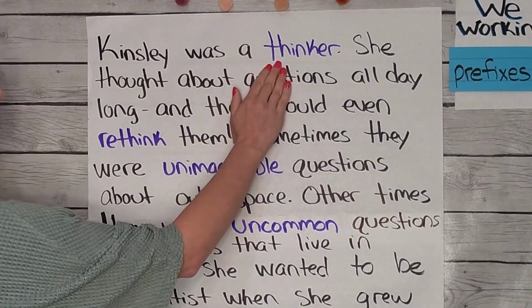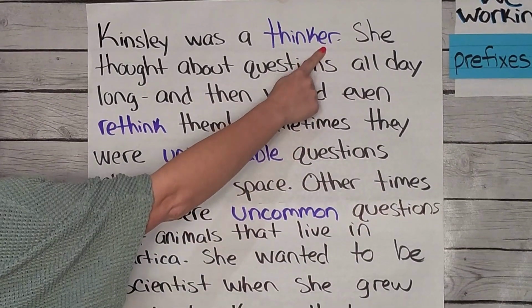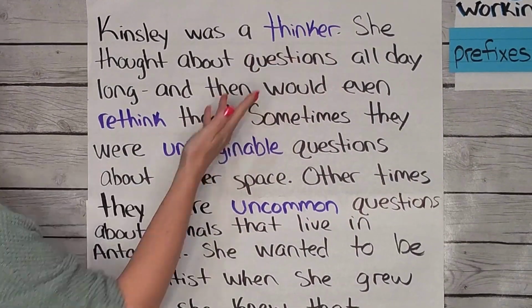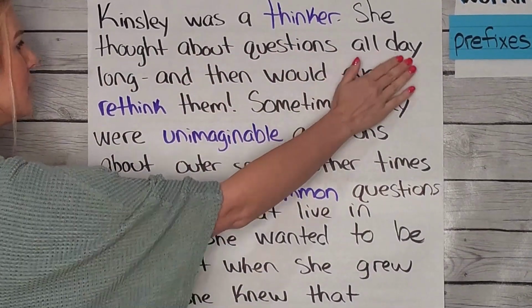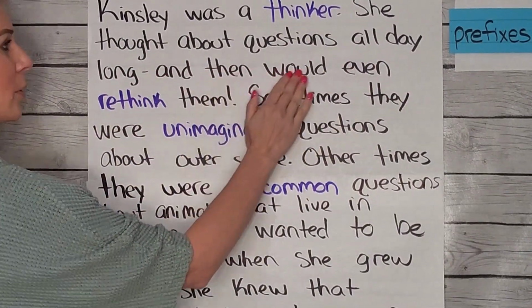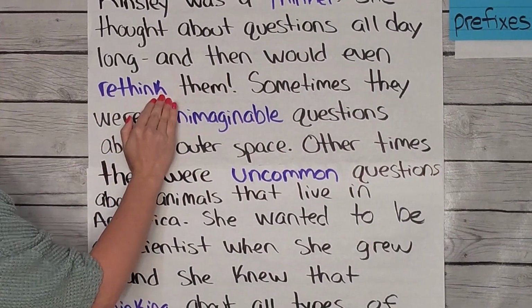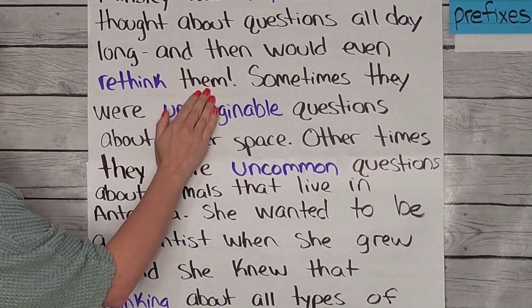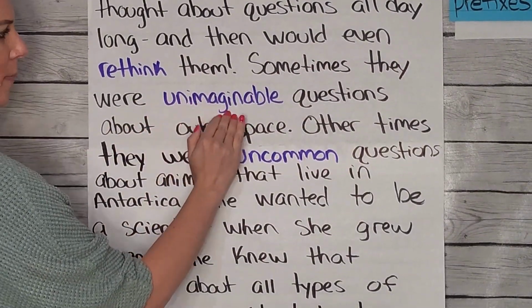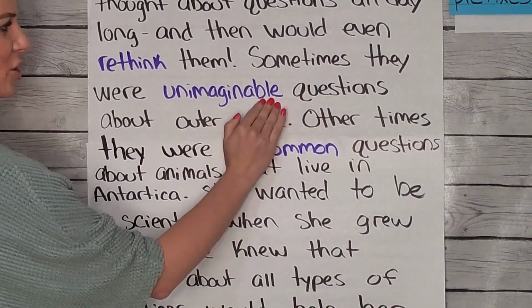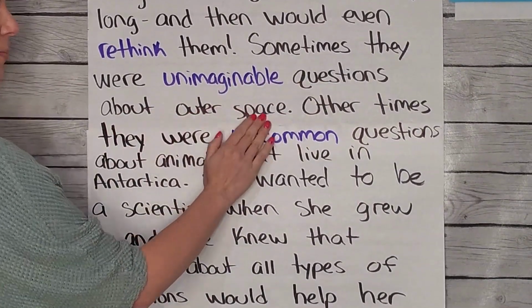Kinsley was a thinker. Thinker. I see my er suffix. That means someone who thinks. She thought about questions all day long and then would even rethink, or think again, them. Sometimes they were unimaginable, or not imaginable, questions about outer space.